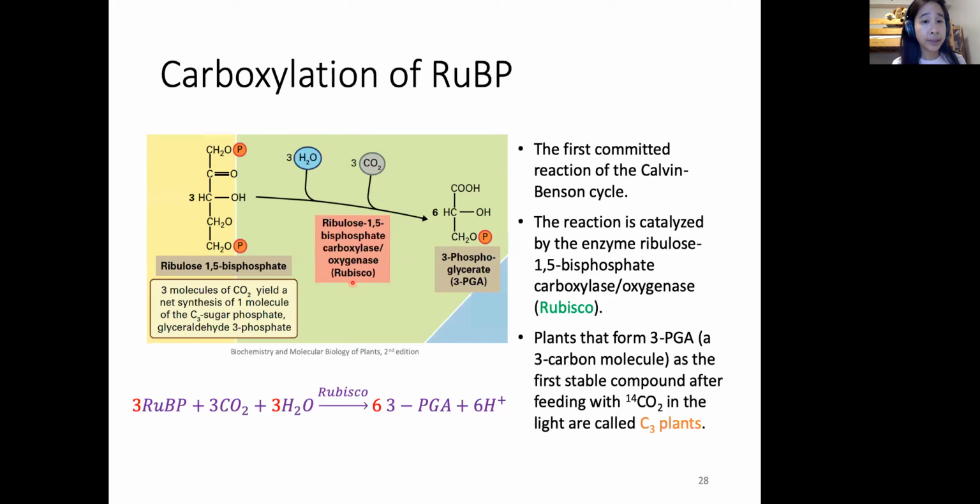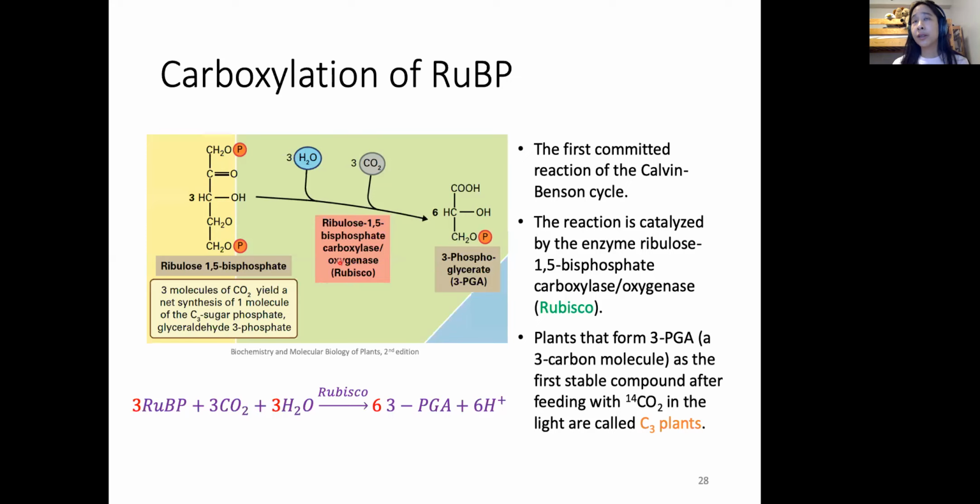And another reason is rubisco is not quite efficient. So you need a lot of rubisco to make sugar. If rubisco were efficient, you wouldn't need that much. You would need just a little bit and then you'd get a lot of the products, right?